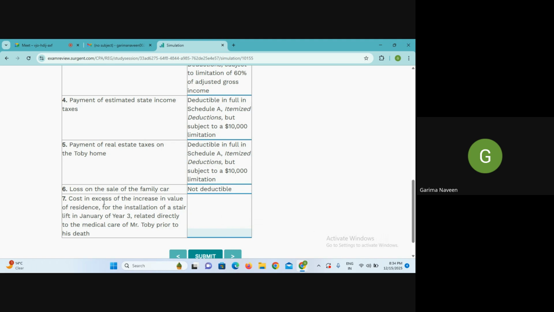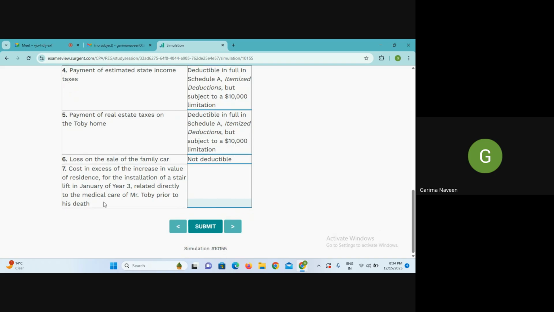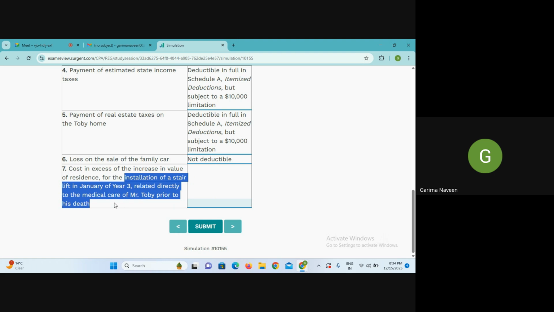Okay, next is cost in excess of the increase in value of residence for the installation of a stair lift in January of year 3 related directly to the medical care of Mr. Toby prior to his death. So the taxpayer has certain installation in his house because of some medical related need.